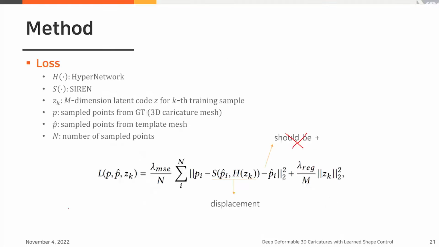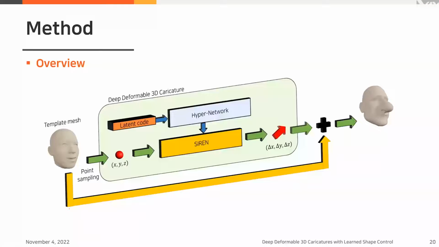If I add a comment, this is my understanding, from my previous experience with other papers. My interpretation was this: the hyper network will generate different parameters so that we eventually have various caricature shapes.